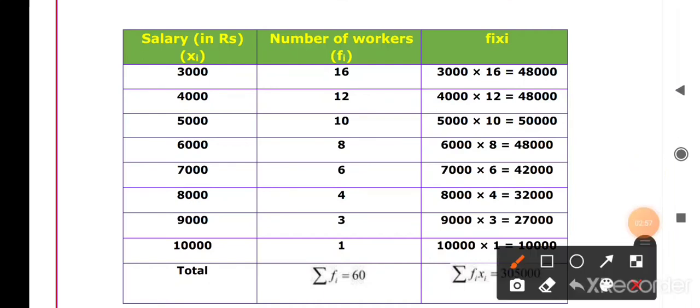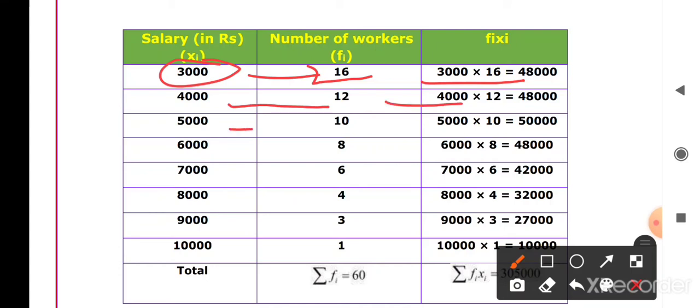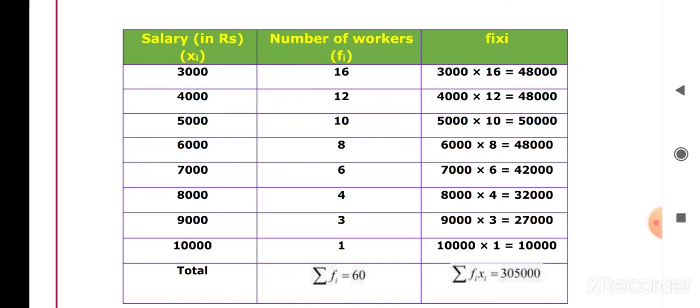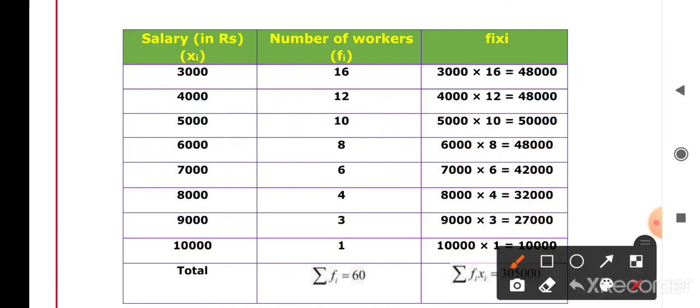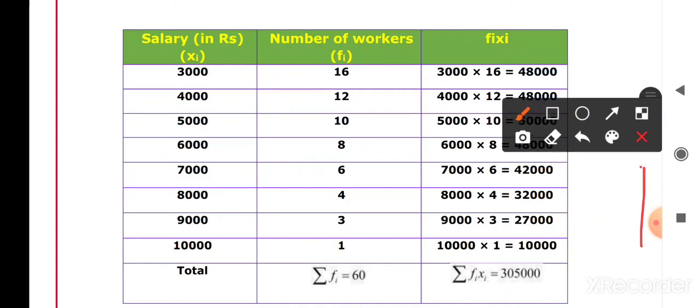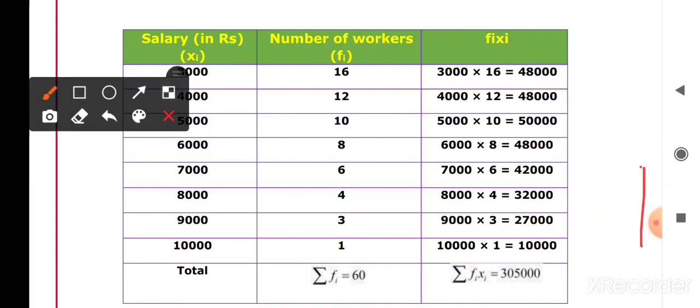Since each worker gets 3000 salary, the 16 workers will get 16 multiplied by 3000, like 12 multiplied by 4000, 10 multiplied by 5000. So this is fx. Now we have to find sigma fixi. By adding all these numbers we get 33,05,000.